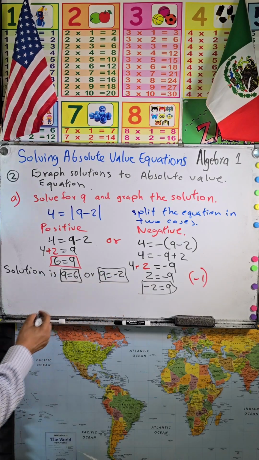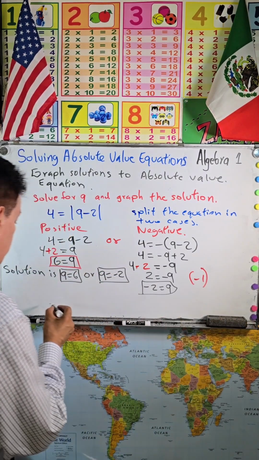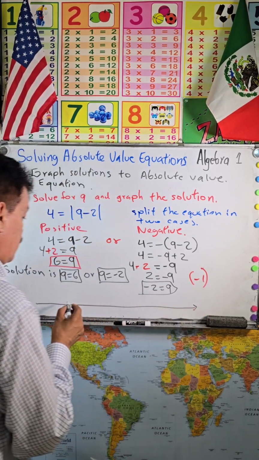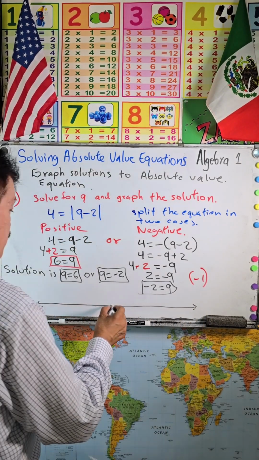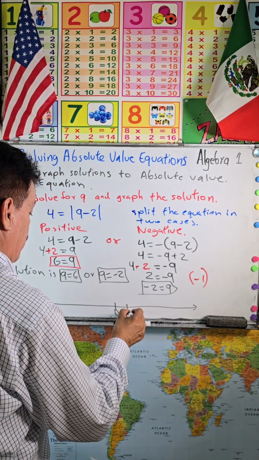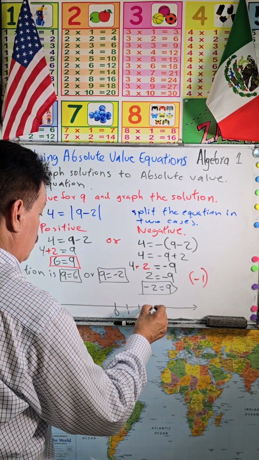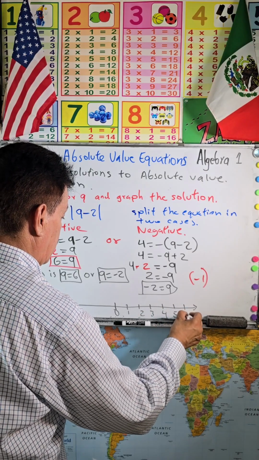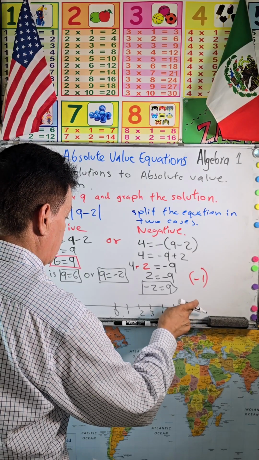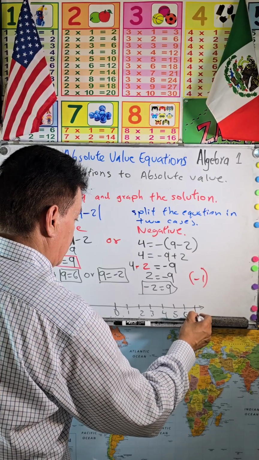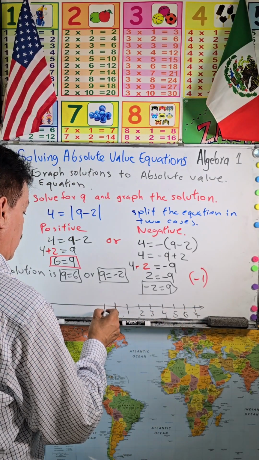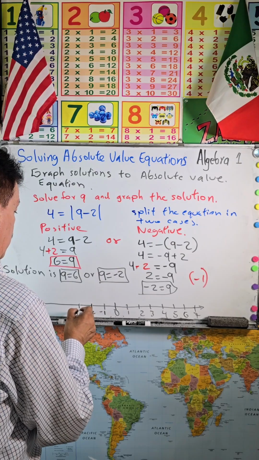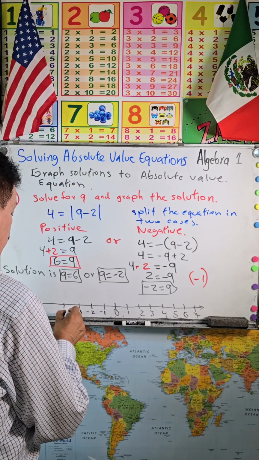Now we have to graph these two. This is the number line. This is 0, 1, 2, 3, 4, 5, 6, 7. Negative 1, negative 2, negative 3, negative 4.